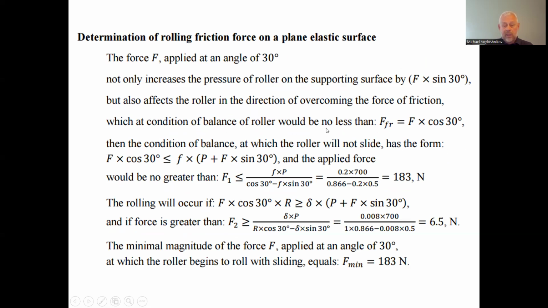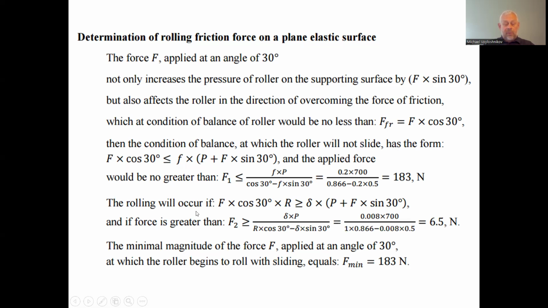In the condition of balance, the friction force is equal to the horizontal component of the inclined force, the force multiplied by the cosine of 30 degrees. Then the condition of balance at which the roller will not slide has the form: the force by the cosine has to be less than the friction coefficient multiplied by the total vertical reaction, which gives the friction force.